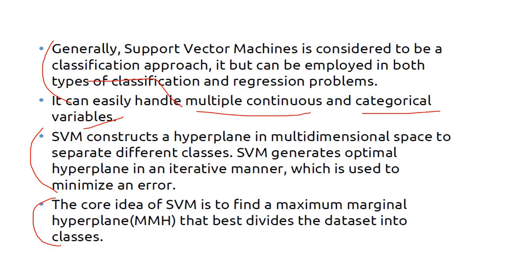We can take a real-life example. Imagine you are separating students who passed from students who failed, based on the number of study hours and their attendance. Now SVM will draw a boundary line. It will choose the line that keeps the maximum gap between pass and fail students.